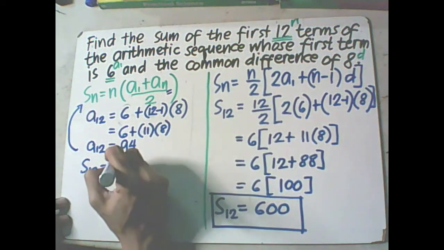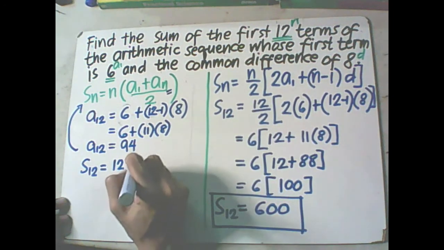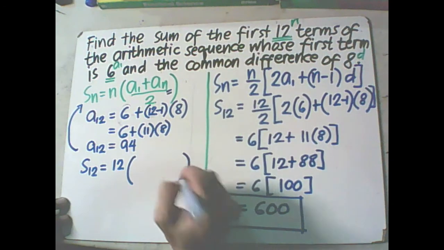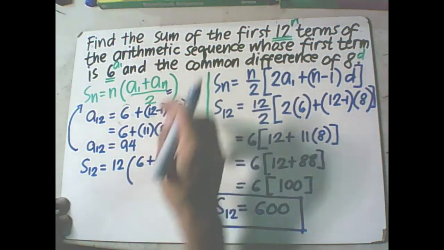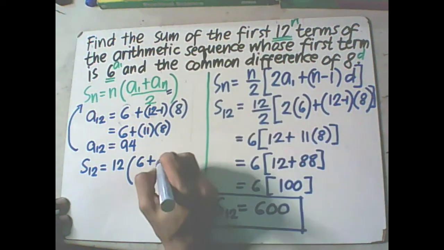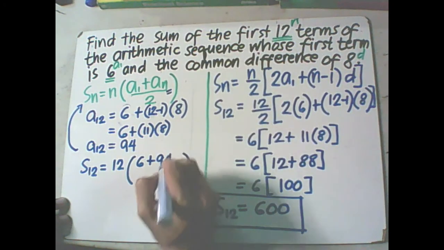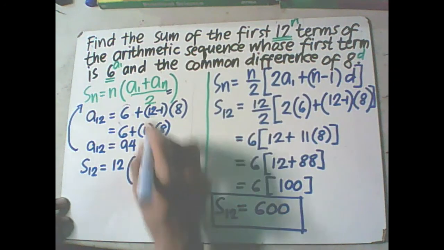Now, using this equation, the sum of the first 12 terms is equal to the number of terms, which is 12, times the sum of a sub 1 added with the 12th term, which happens to be 94, all over 2.